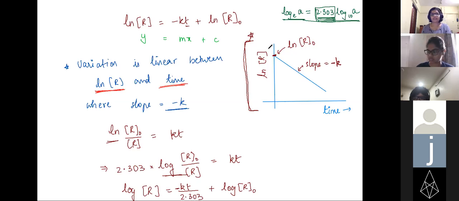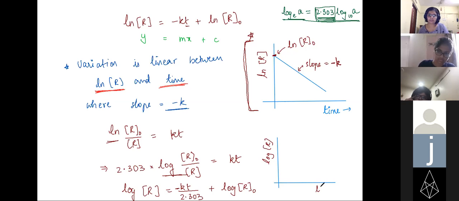Okay. So instead of ln R, if I plot a graph between log of R and time.